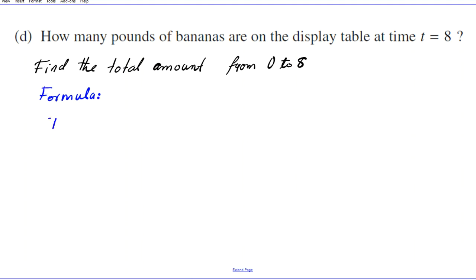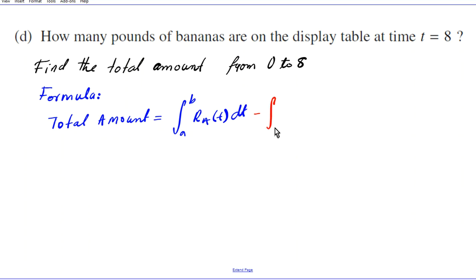So the total amount on display, that was the first formula we looked at, right? Let's write it again: it is the integral, the accumulation of the rate of addition from a to b with respect to time, and then minus the accumulation of the rate of removal.